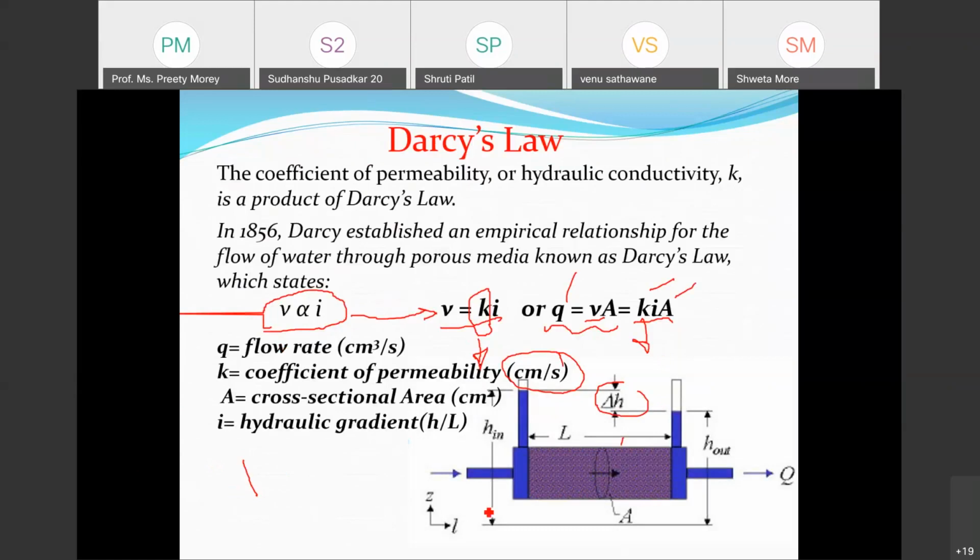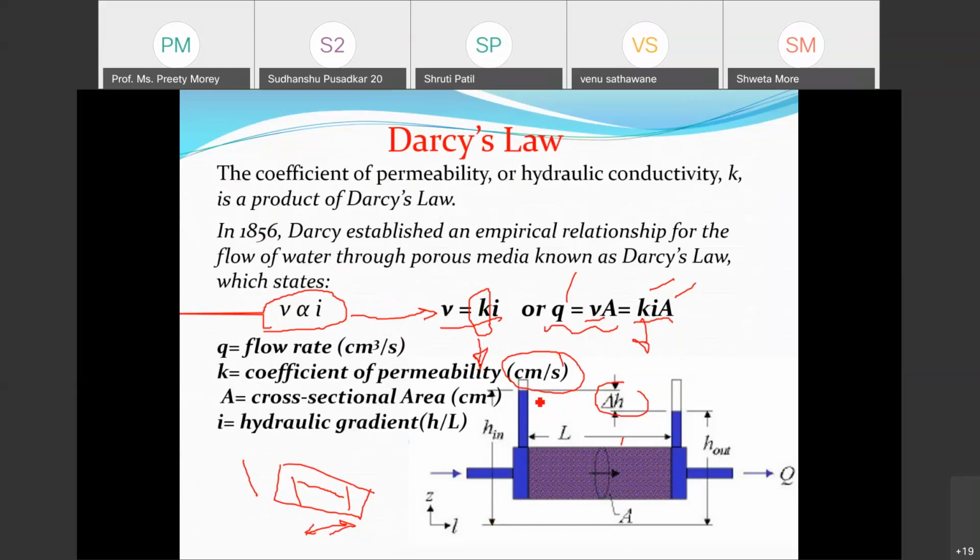Now this figure has been shown horizontal. If I tilt the same figure, nothing will change. I should take L as parallel to the flow, not the horizontal length. That is the only difference you should understand.